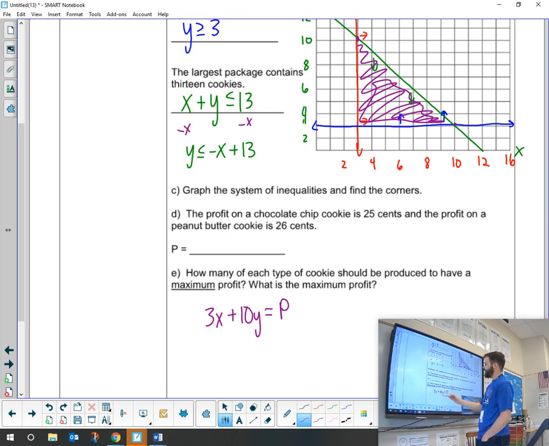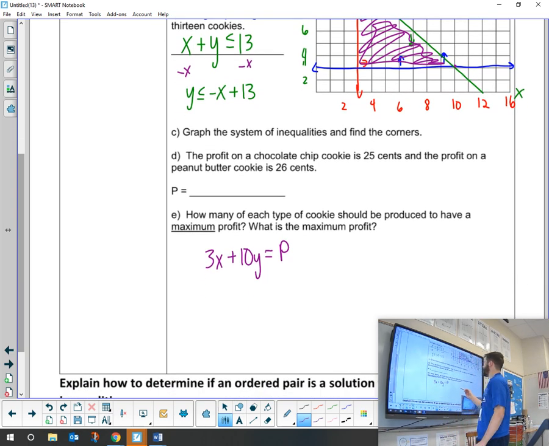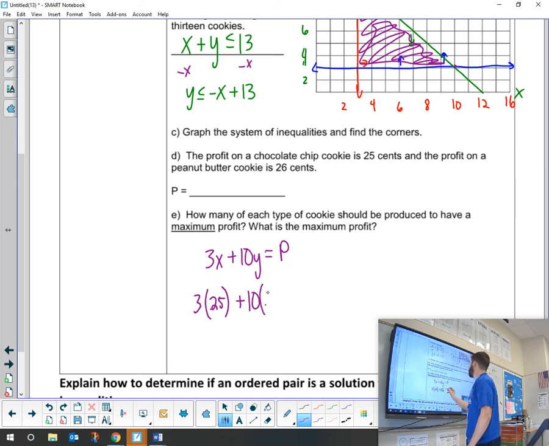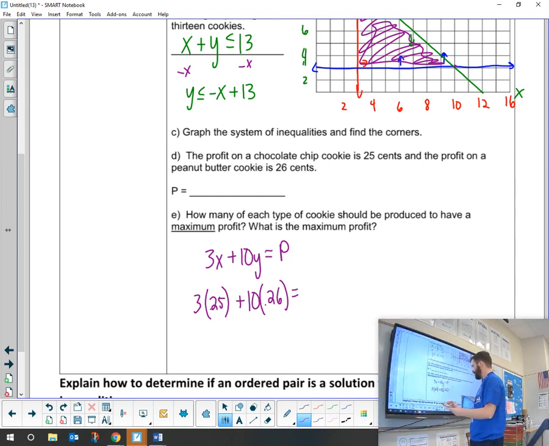Now let's put in my chocolate chip profit, which is going to be 25 cents, and my peanut butter cookies is going to be 26 cents. So now, if I work this out and add those together, we'll have 75 cents here and $2.60 here.